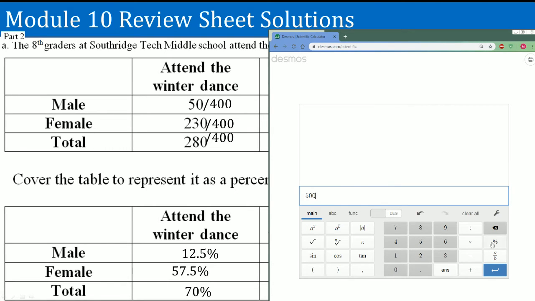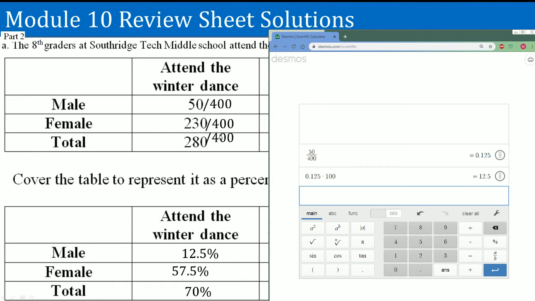It was 50 divided by 400. And you're going to see it's 0.125. What you have to do with that 0.125 is multiply it by 100, and it's going to get you into its percentage, which is 12.5.